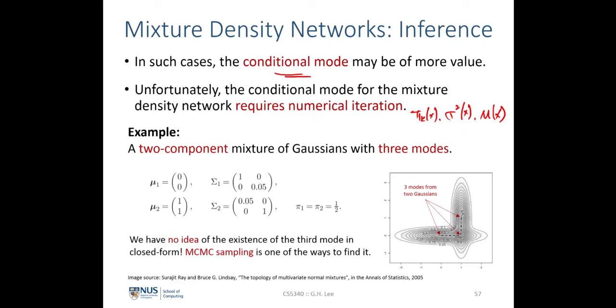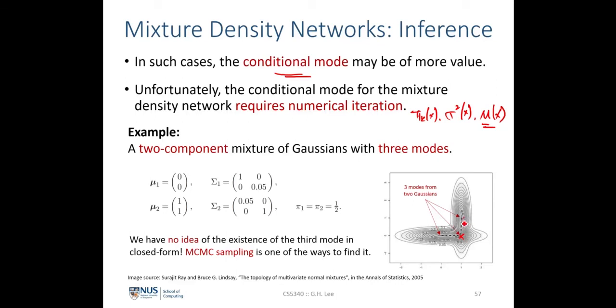But unfortunately, the conditional mode for the Gaussian mixture model requires numerical iterations, and it does not always correspond to only the mu's or the means of the particular network. Here's an example of a two-component Gaussian distribution with two means over here, but by putting it together, we can see that there's actually a third mode that occurs over here.